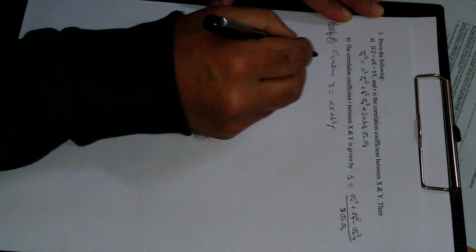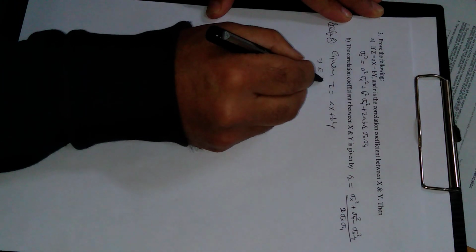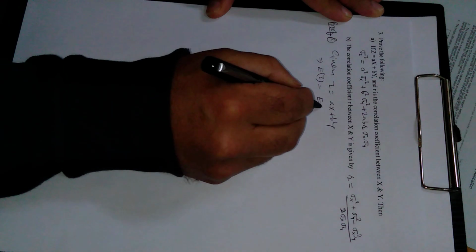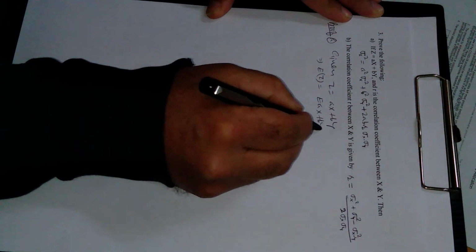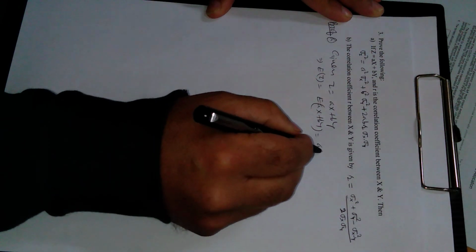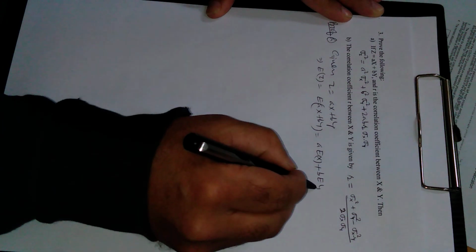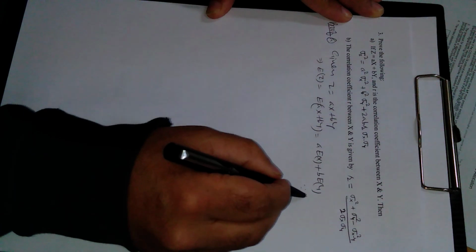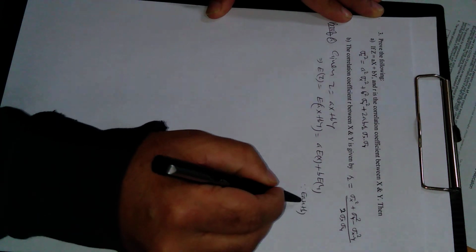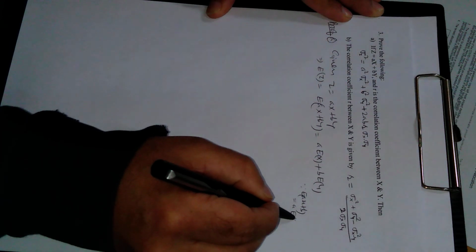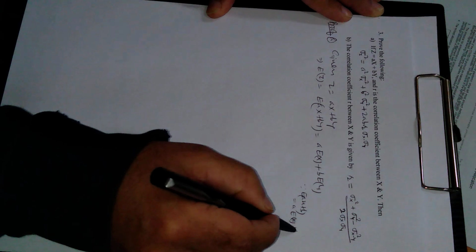So taking E of both sides, this implies E of z will be equal to E of ax plus by, which can be written as a, a is constant, E of x plus b, b is constant, E of y. Because of this result, E of ax plus b, this is equal to a times E of x plus b.